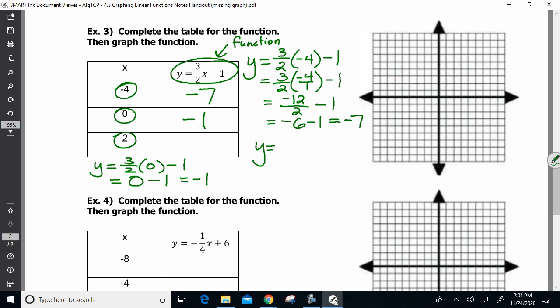And let's do 2. 3 over 2 times 2 minus 1. That's 3 over 2 times 2 over 1. So Nyla, if I'm doing it the way that you had mentioned, you're going to cross cancel these 2's and make them both 1's.